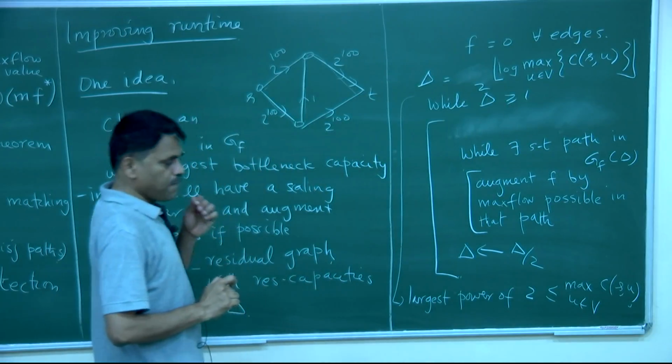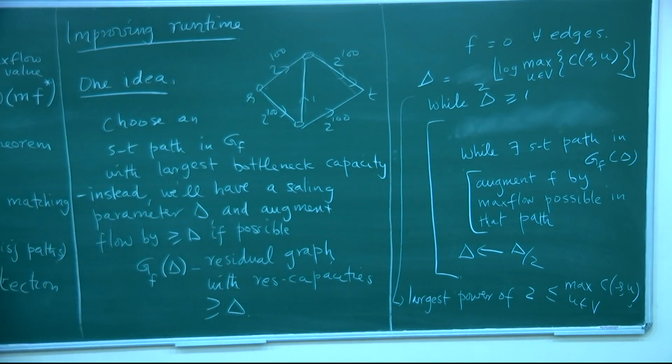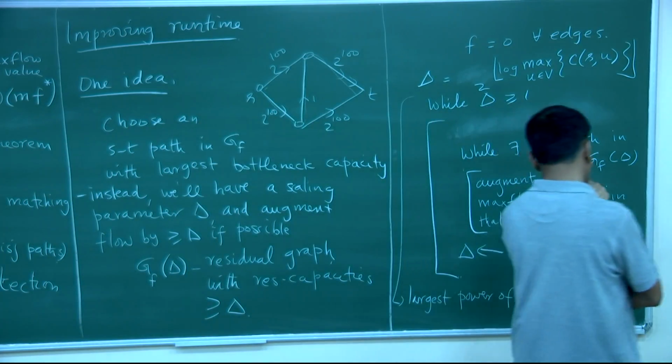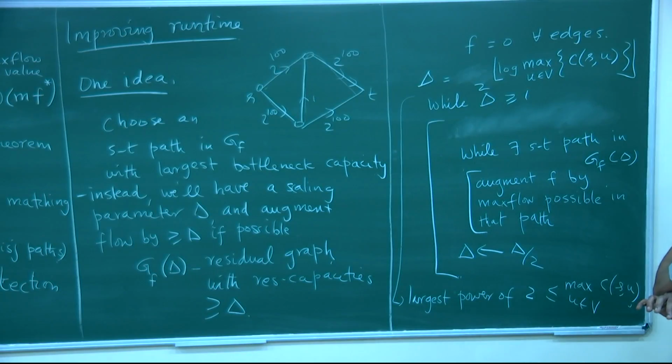Sir, there is a difference between the capacity of the neighbor of source, edge of source and edge of the terminal. So then we have to reduce delta many times if we get the maximum of C(S,U) and C(V,T). Yeah, I mean we can. But it doesn't matter actually.